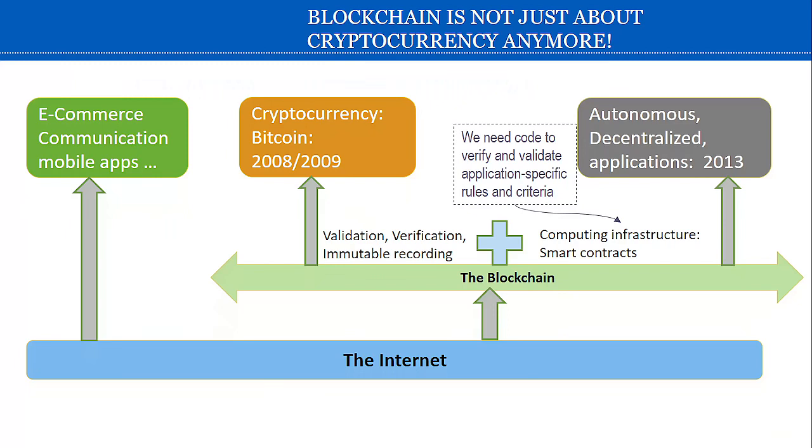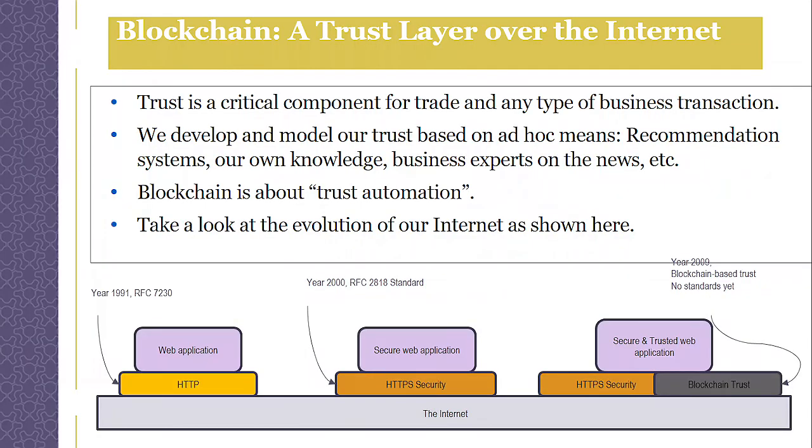When we talk about blockchain, we bring in the concept of decentralized systems. Whatever runs on top of blockchain, or whatever application uses blockchain, must be decentralized. I'll give you a practical example.